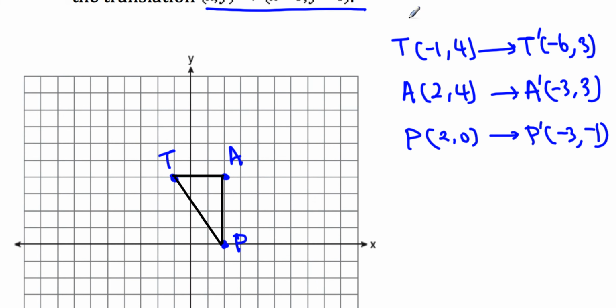So let's look at it. T prime, negative 6, comma 3. And A prime is negative 3, 3.